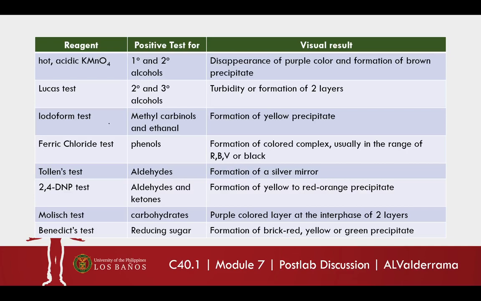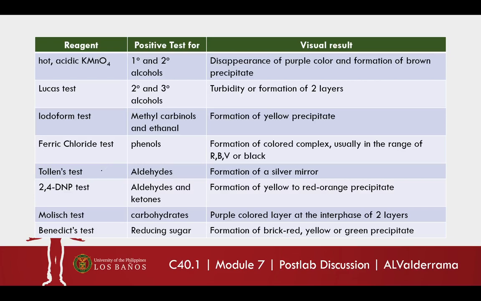So, these are the summary for your Module 7. So, you have your hot acidic KMnO4. This is positive test for primary and secondary alcohol. For Lucas test, secondary and tertiary. For iodoform, for methyl carbonyls and ethanol. For ferric chloride test, these are general tests for phenols. For Tollens test, this is general test for aldehydes.